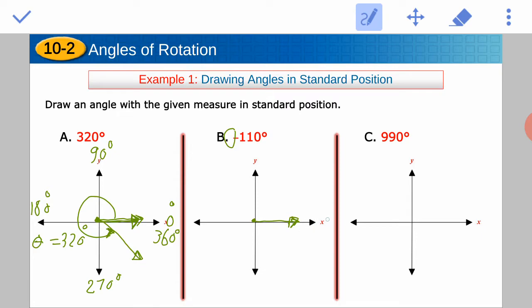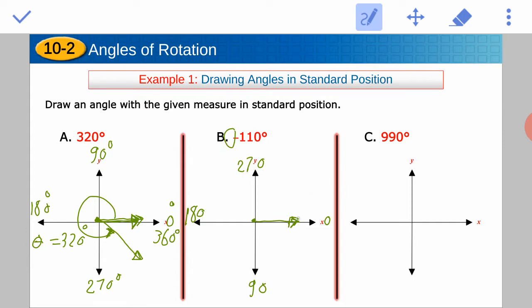If you start from 0 and rotate a quarter of the way, this is going to be 90, and half of a complete round is 180. If you add more 90, it's going to be 270, and if you make a complete round, it's going to be 360. So we change the direction of rotation this time because the angle is negative, so rotation is clockwise.